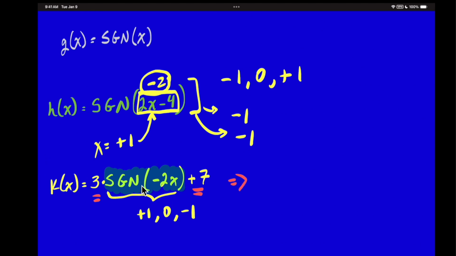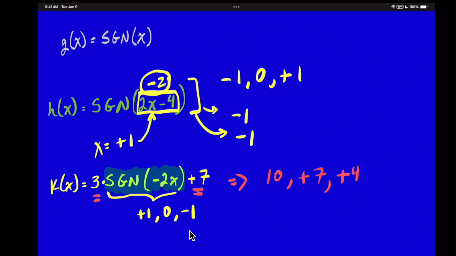So in this graph, k of x, your y values will be different than negative 1, 0, or positive 1. Specifically, it's either going to be 3 times positive 1, which is 3, plus 7, which is 10. 3 times 0 is 0, plus 7, which is positive 7. And finally, 3 times negative 1 is negative 3, plus 7 is positive 4.